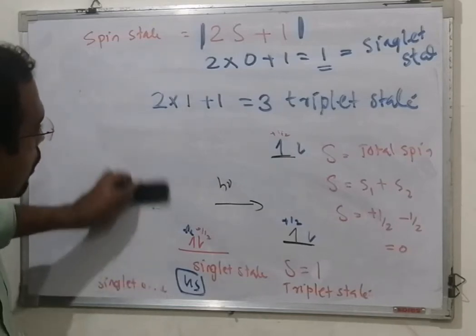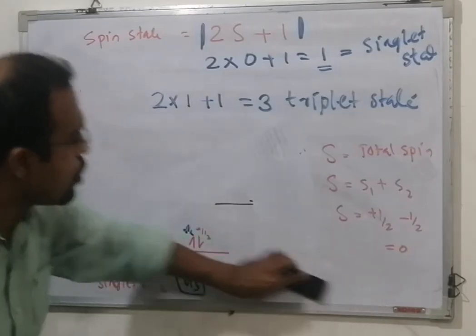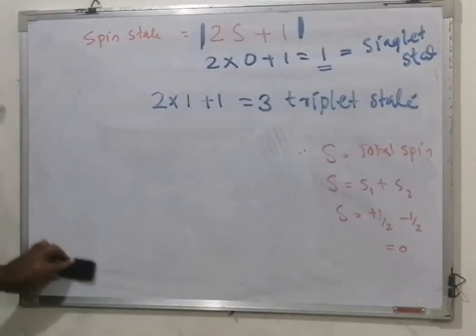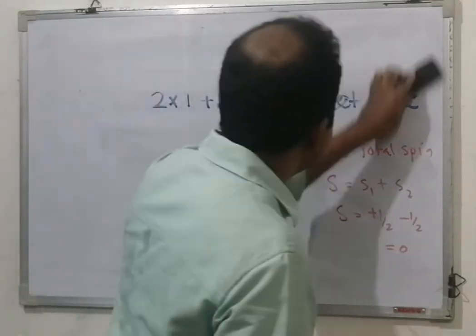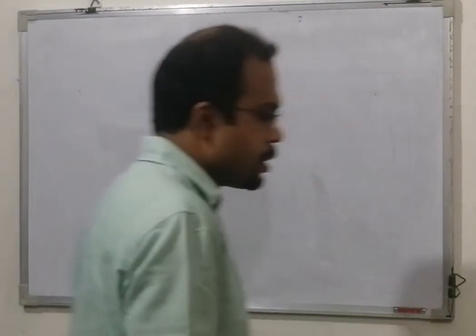If it is in parallel or same spin, it is a forbidden transition. Therefore, delta S should be 0.